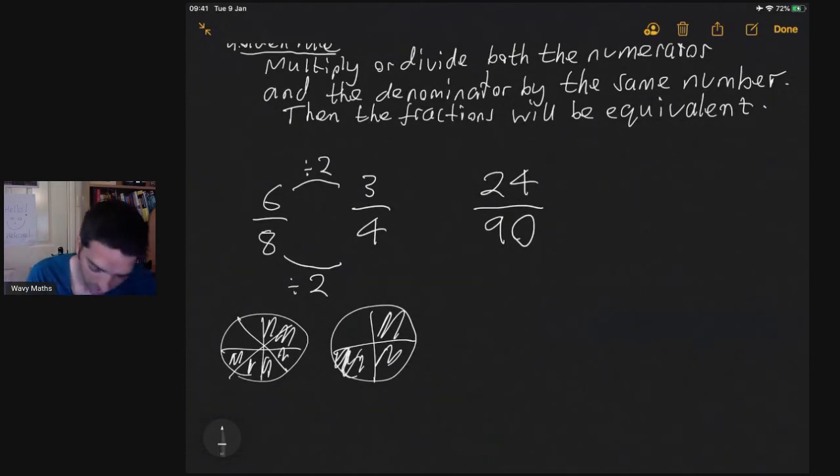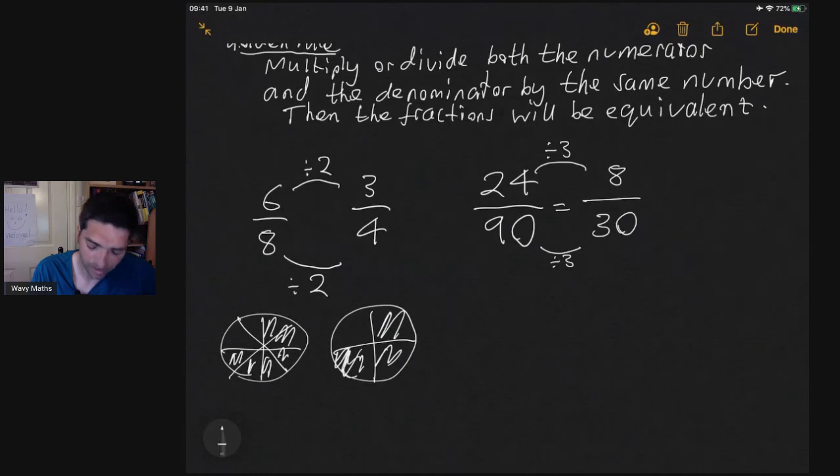So we simplify it. So again, what are we going to divide this by? We could always start with 2, okay? Or you could be clever and you could divide by 3, for example. So if you divide by 3, you get 8, and 90 divided by 3, you get 30. All right. But if you do that, you also need to then check 8 and 30. Can I divide them anymore?